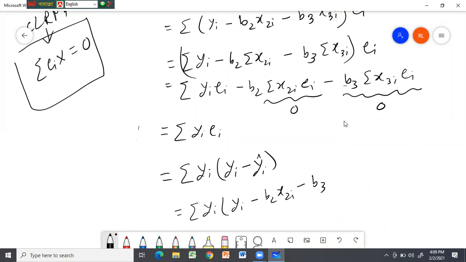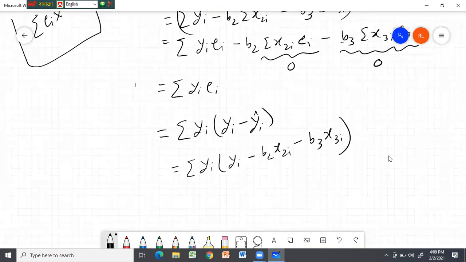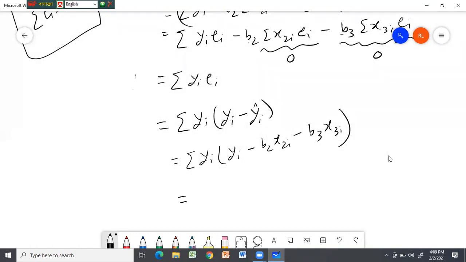And b2 into sum of yi x2i, b3 into sum of yi x3i.